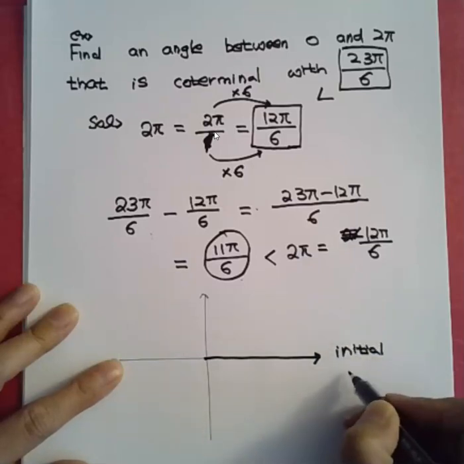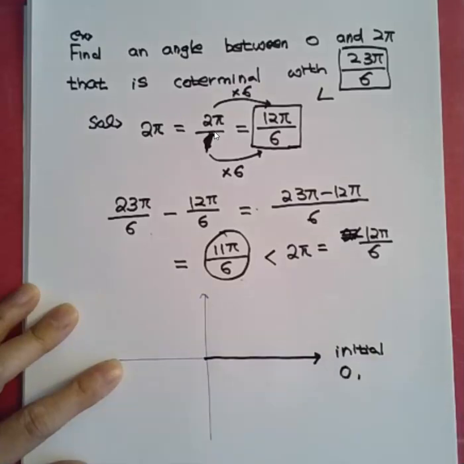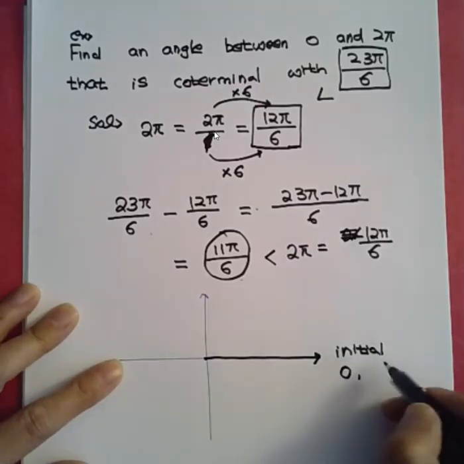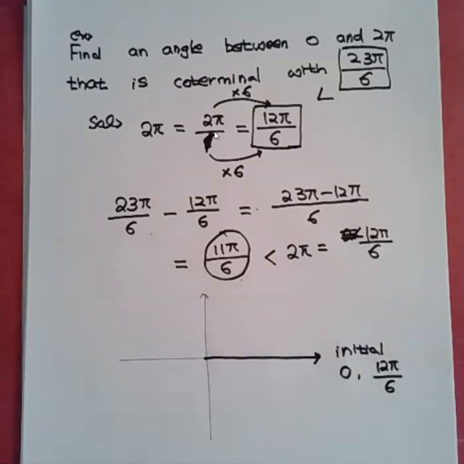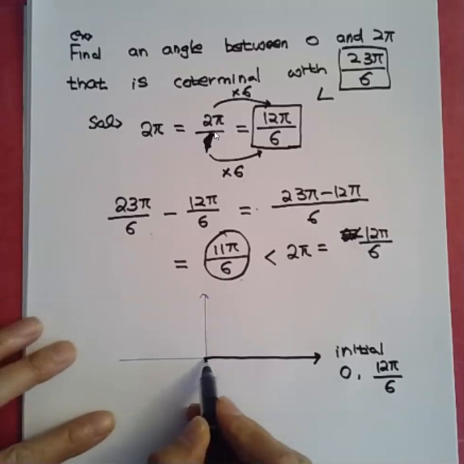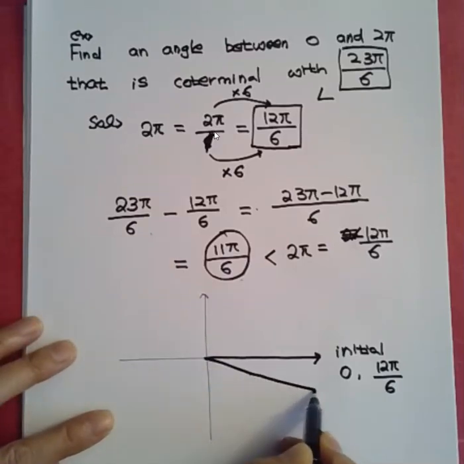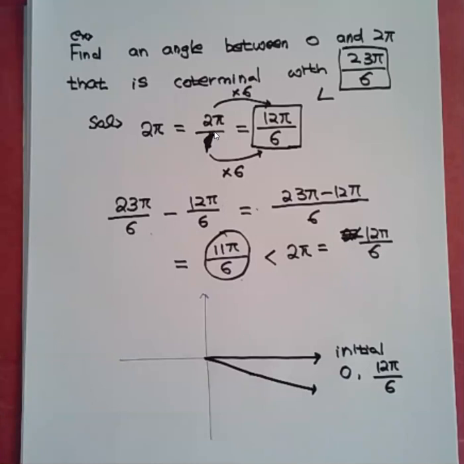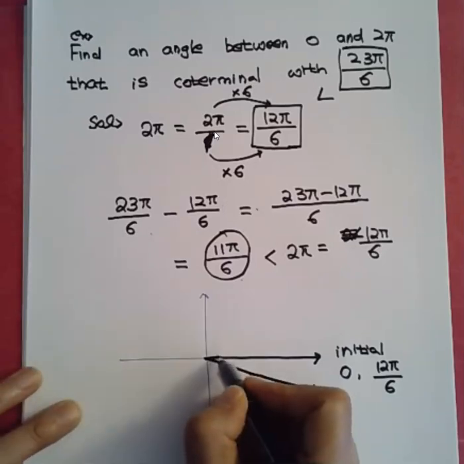That initial side can be expressed as 0. If we think about 2 pi, then that can be expressed as 12 pi over 6. 11 pi over 6 is a little less than 12 pi over 6, so you can easily imagine that the angle is located in the fourth quadrant.